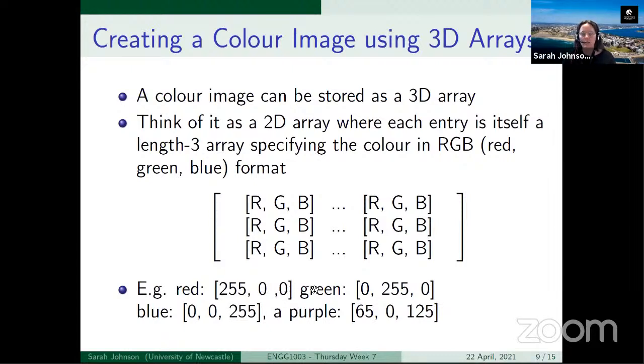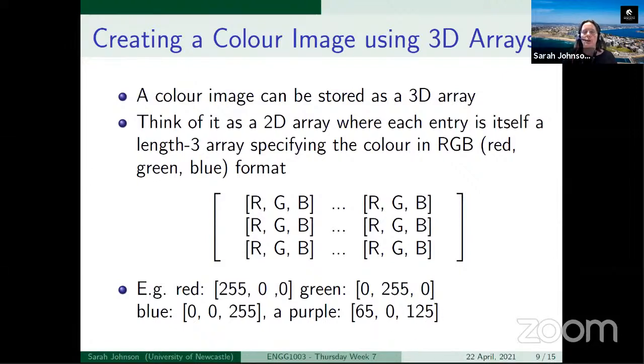Alternatively, if you'd like a green pixel, you say, I don't want any red, I want the maximum value of green for this pixel and no blue, and so on. And a shade of purple will be a mixture of a bit of red and a bit of blue. So this would be the RGB code for purple.